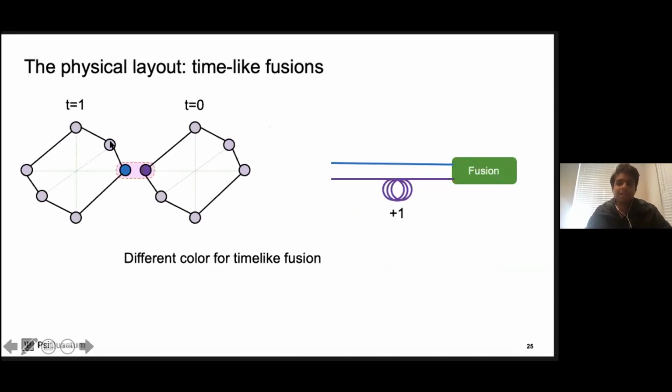As soon as it is created, this blue qubit can undergo a fusion with this delayed qubit in purple from the previous time step. This time-like fusion is shown in purple here. In this way, I can perform a fusion between 2 resource states created from the same resource state generator at 2 different times by delaying one of the qubits.